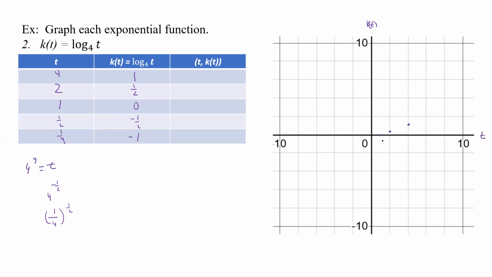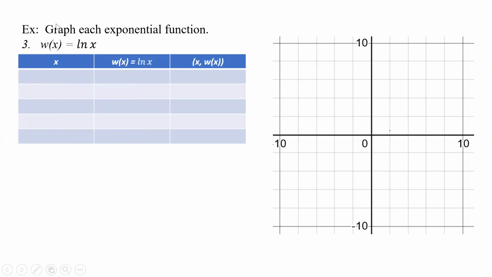And then at a negative 1/2 is going to be a half. So it's going to be something like that. And then a quarter is going to be a negative 1. And so what happens is we have this nice upward trend going like that. Okay. And again, we would expect that because here a is greater than 1, and so it's going to be an increasing function, and that's the direction it should take.